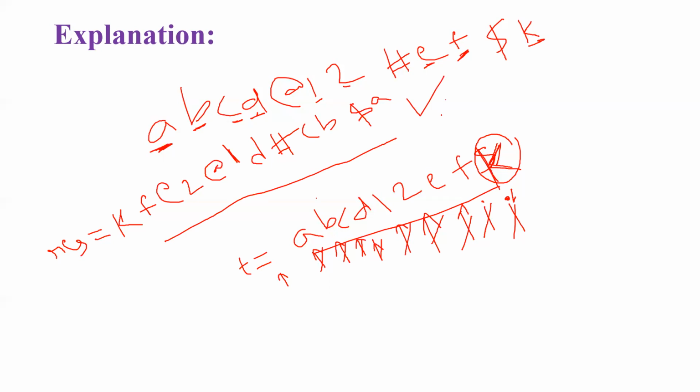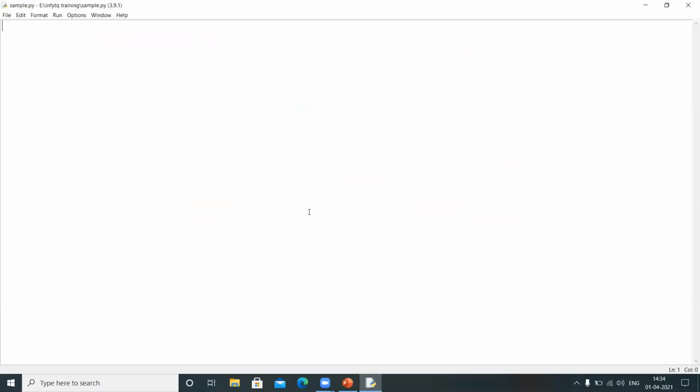Now let me show you how to do this. Observe here. First I need to read the string, right? S equal to input. I read the string. Now let me write a message here: Enter the string.